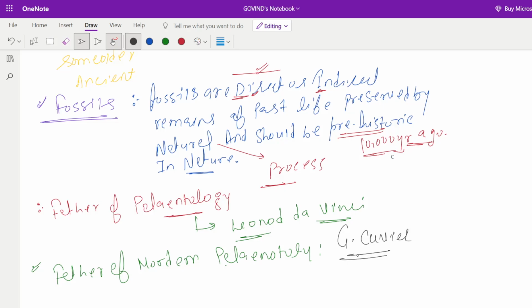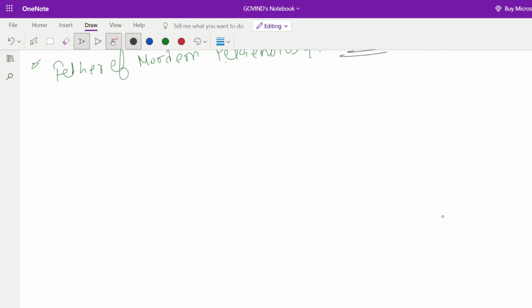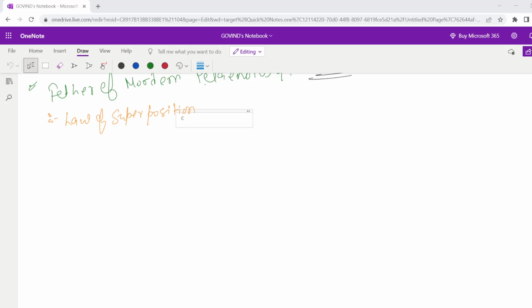Anyway, let us now start with a law. We have some laws, so let us start with one of the laws in fossils. Then we'll come to know how fossil formation takes place. So the law is the law of superposition. Okay everyone, so what is exactly the law of superposition?